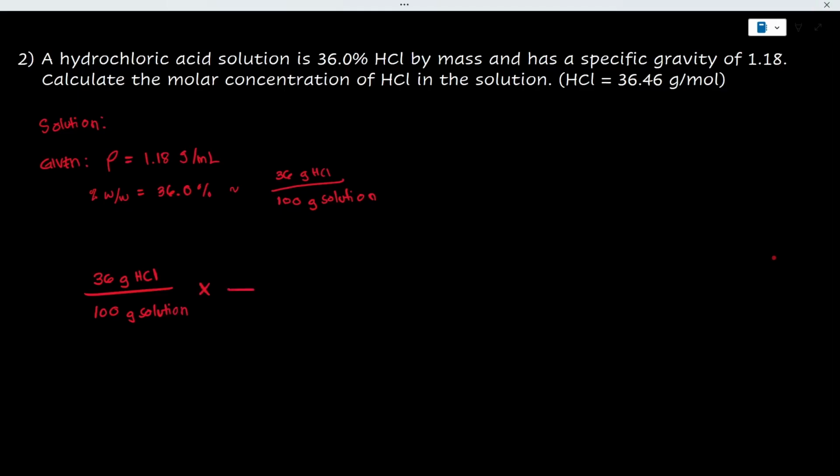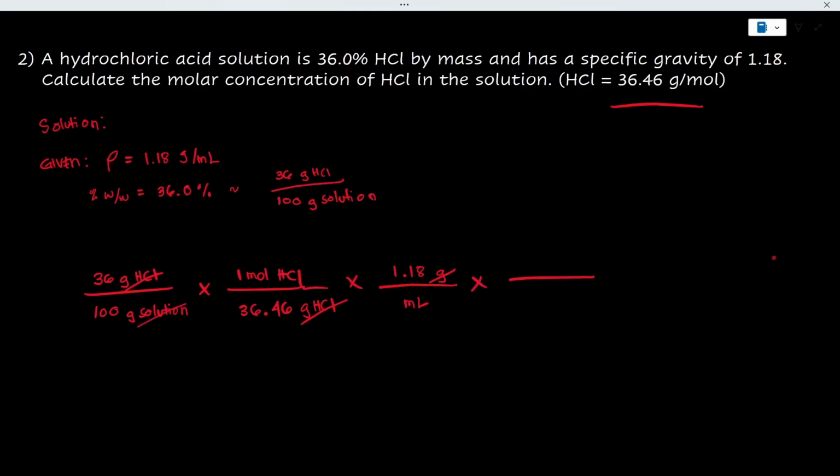Now let's multiply it with its molar mass. So 1 mole of HCl, it's given 36.46 gram HCl. Okay, it's given here. And then we can cancel the gram HCl and we're left with mole HCl per 100 gram solution. And now let's use the density or the specific gravity to convert this into a volume unit. So we have 1.18 grams per ml, and we can cancel that.